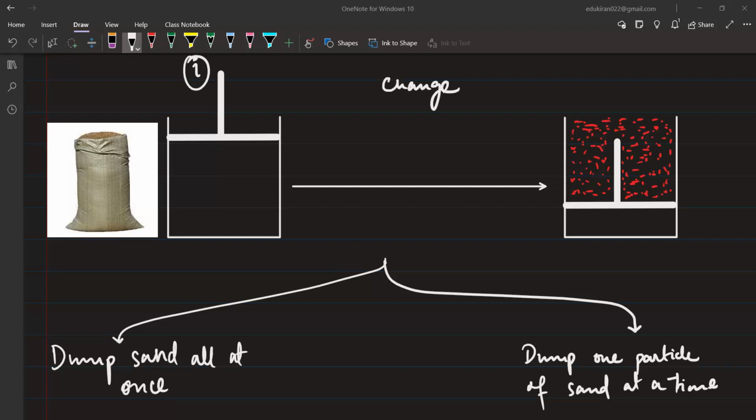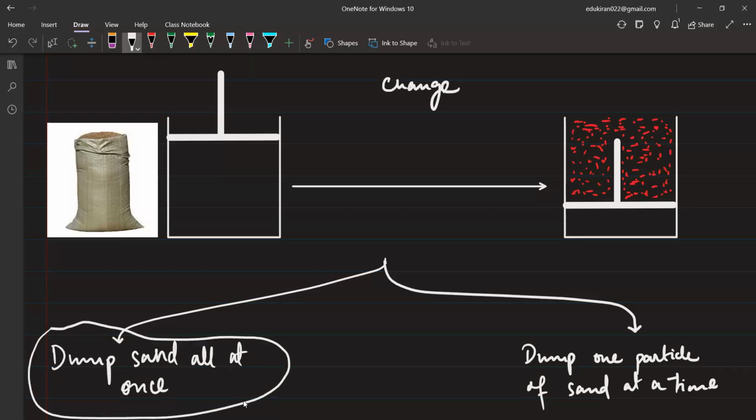Listen. Now, initial is where we have no sand at all on the piston. Final is something where we have all the sand particles, okay. Now if I talk about this particular case of dumping sand all at once, then as soon as I dump it, I will reach the final state.